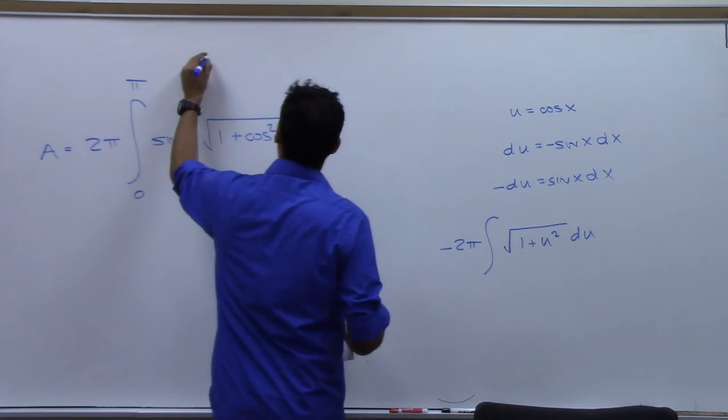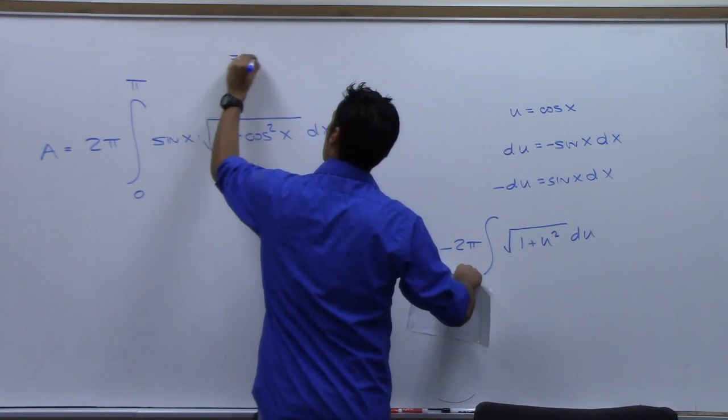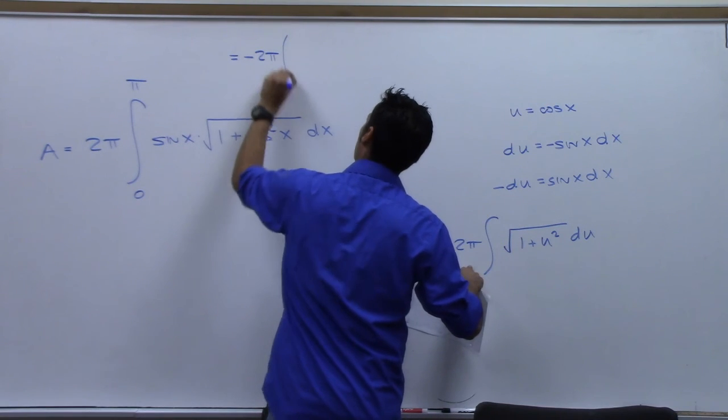Okay. So I have this equals negative 2 pi, and then here comes formula 21.